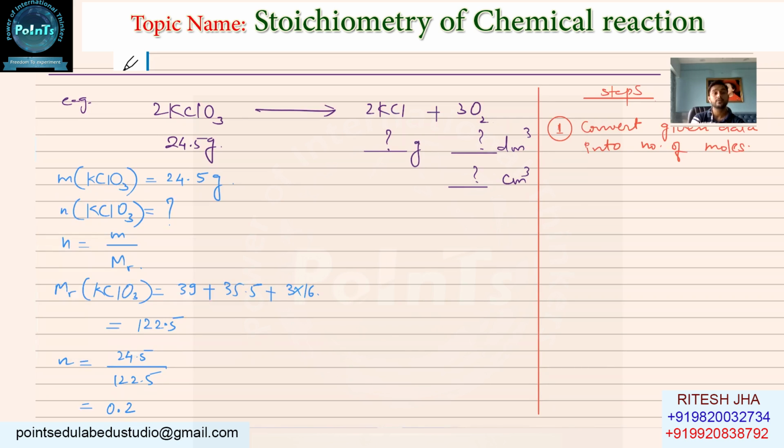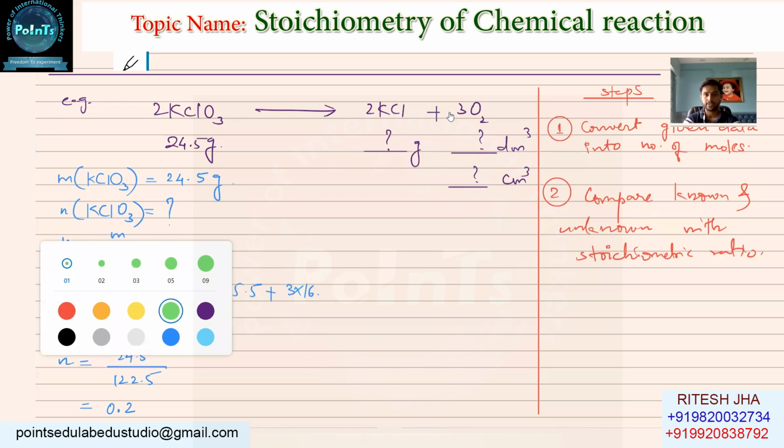Okay, let me explain. The second step is to compare the known and unknown with the stoichiometric ratio. So what does that mean? Basically, the next step is comparing with the stoichiometric ratio.